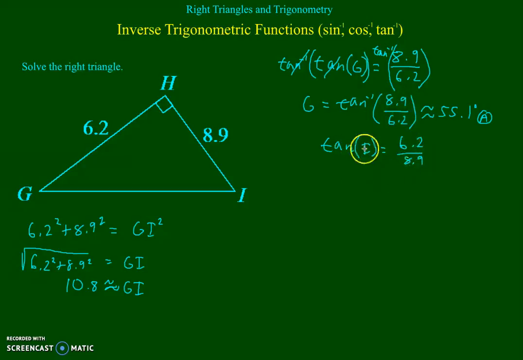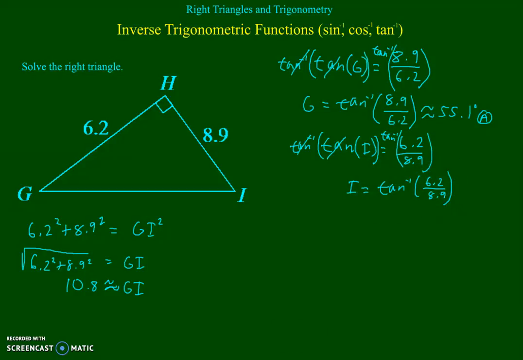Interesting. Now, we're going to undo tangent by taking the arctan of both sides. Arctan undoes tangent. I equals arctan of 6.2 over 8.9.